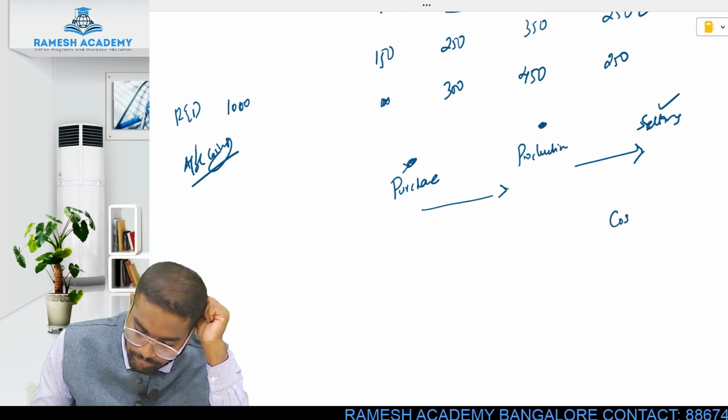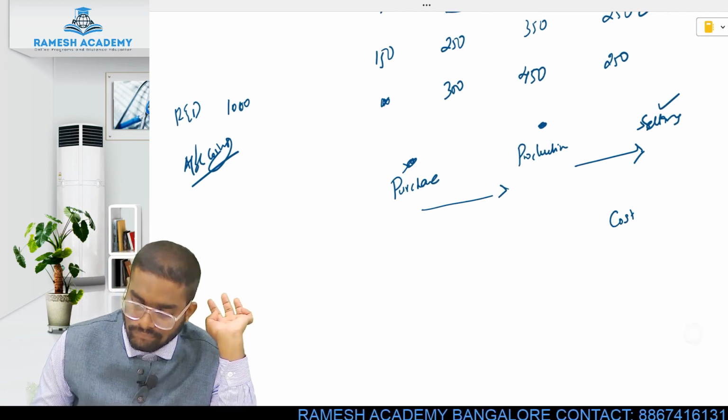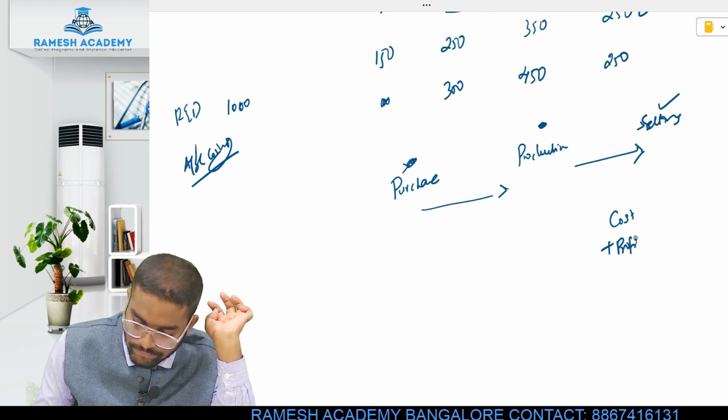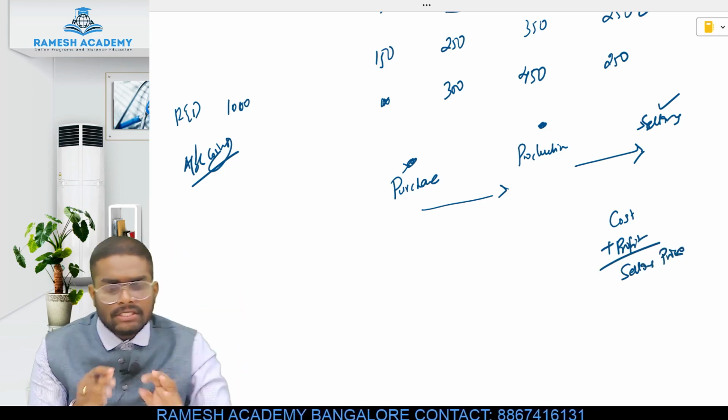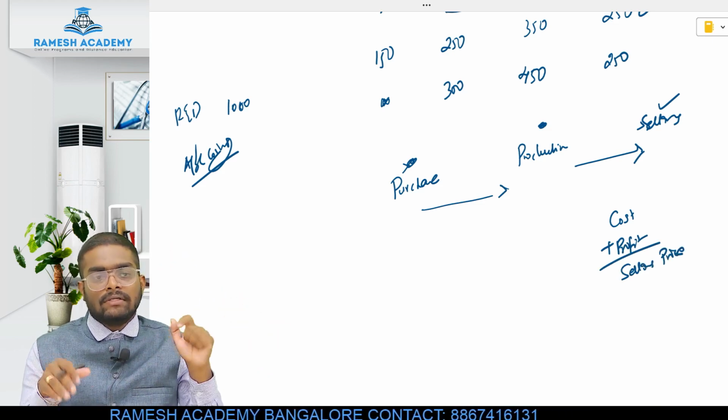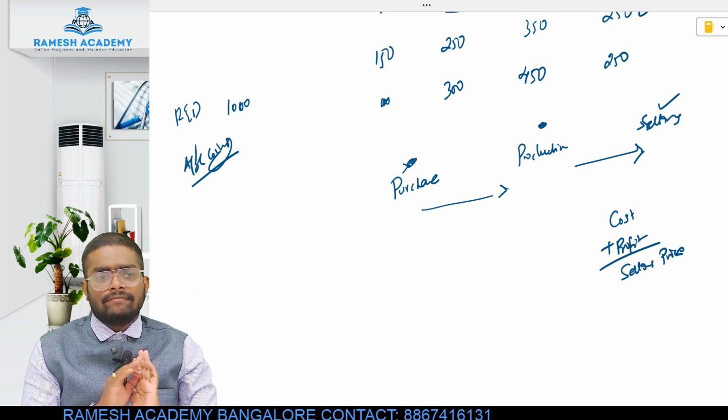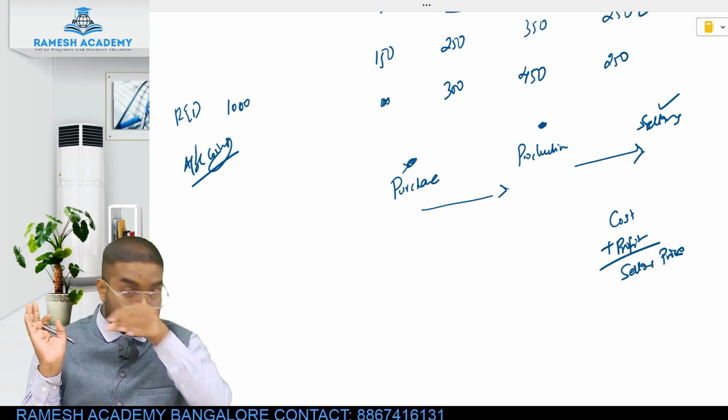First we'll calculate all the cost, then we'll add a certain profit percentage, then this will be the selling price. This was the concept we used earlier. Now the condition has changed. We can't follow this concept.